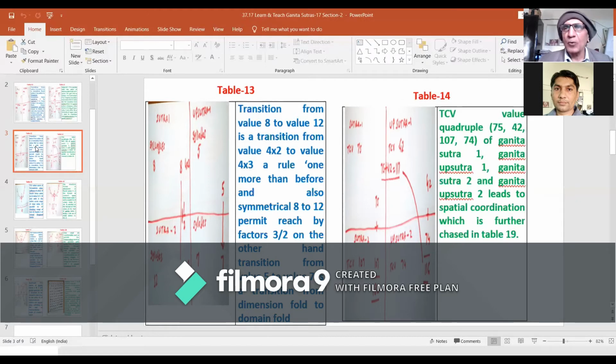As far as Upsutras are concerned, the syllable pairs 5 and 7, Upsutra 1 and Upsutra 2, together are of the format of 5 space dimension and 7 space domain. So this third feature of syllables as well is giving us distinctive reach of these mathematical domains.